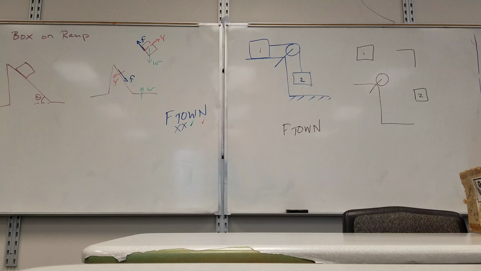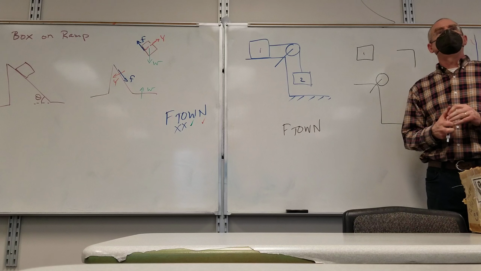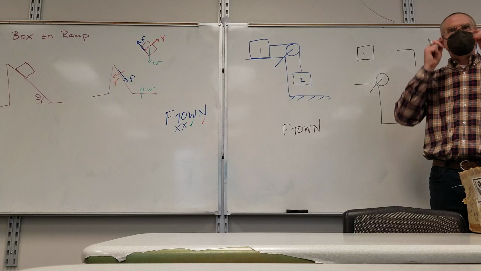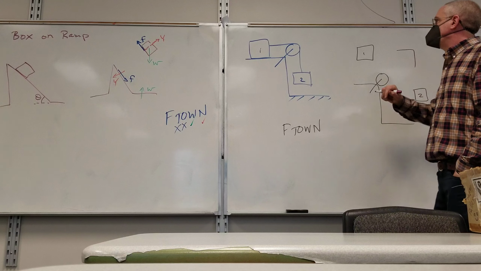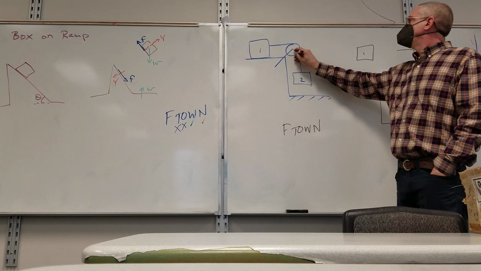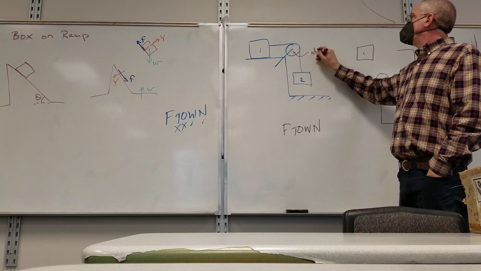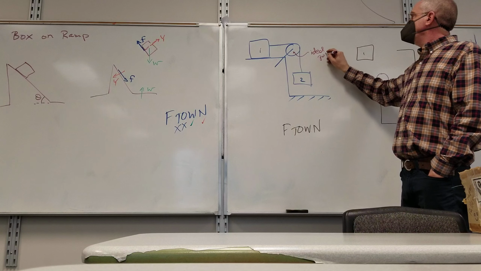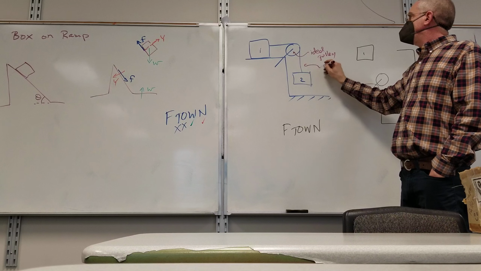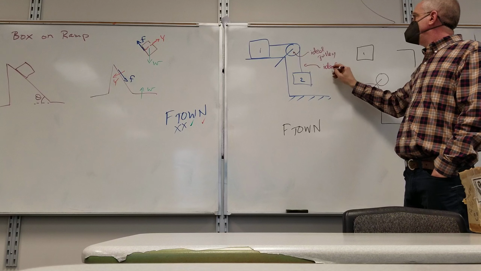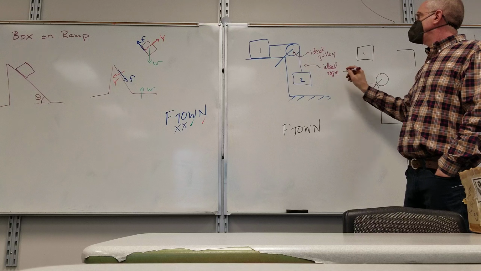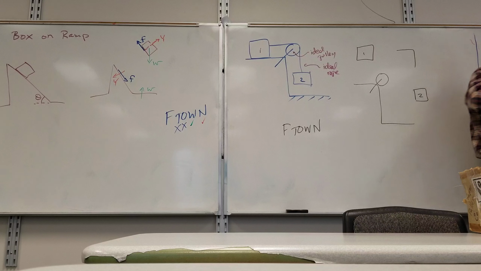Go to the checklist, can get rid of anything. Oh, let me throw in one other thing. Ideal pulley, ideal rope. Ms. Sasson, the other full-time physics instructor, calls it the magic rope and the magic pulley.